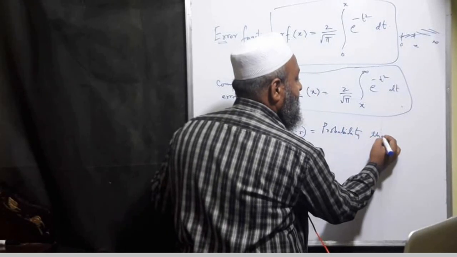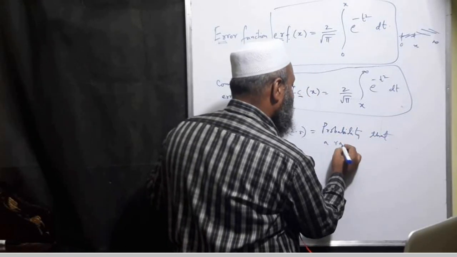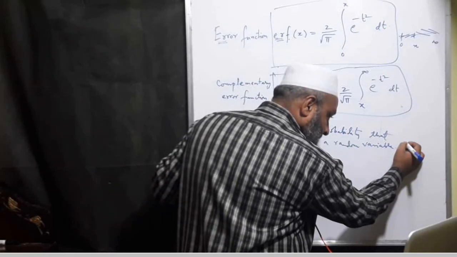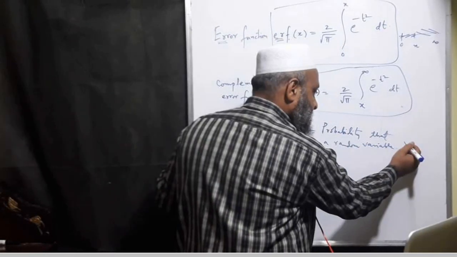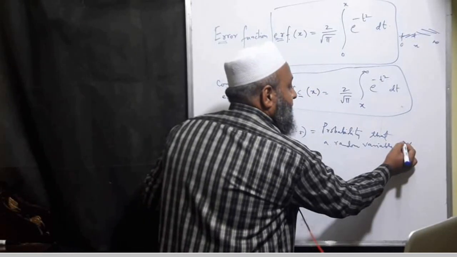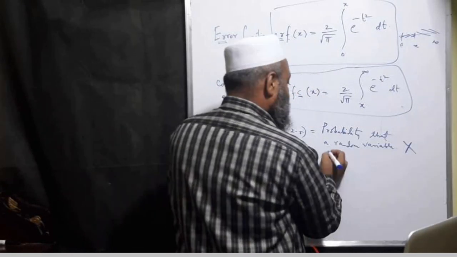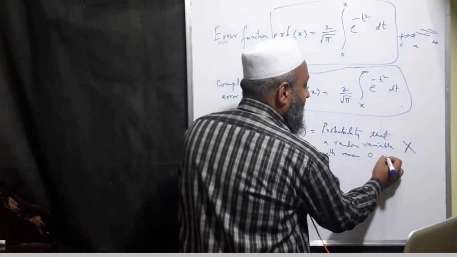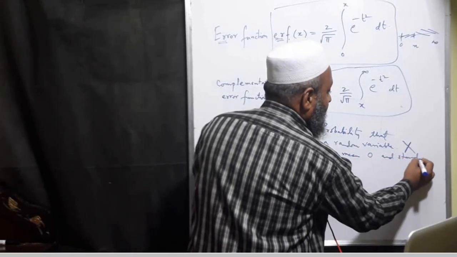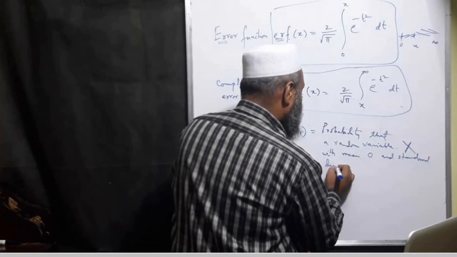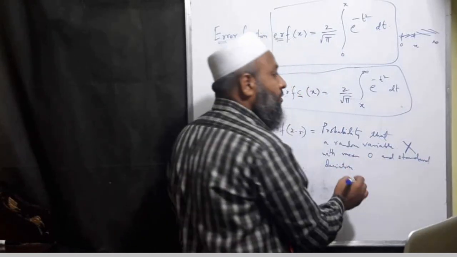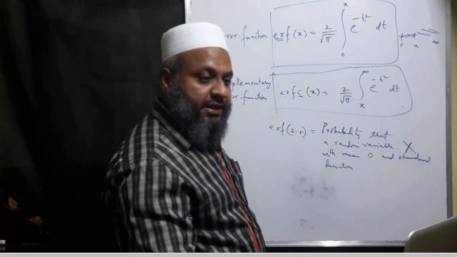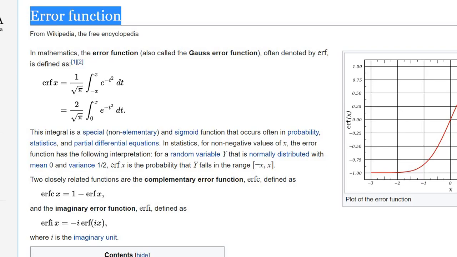the probability that a random variable capital X, with mean 0 and variance, I hope it is the variance or standard deviation, let us check it in Wikipedia.